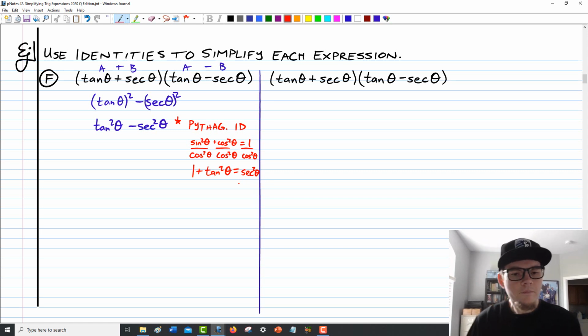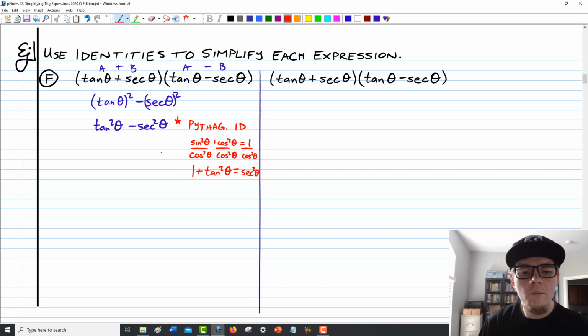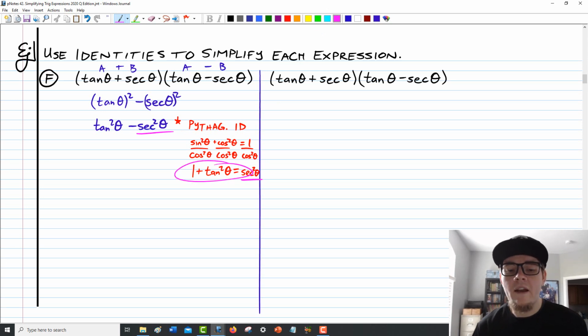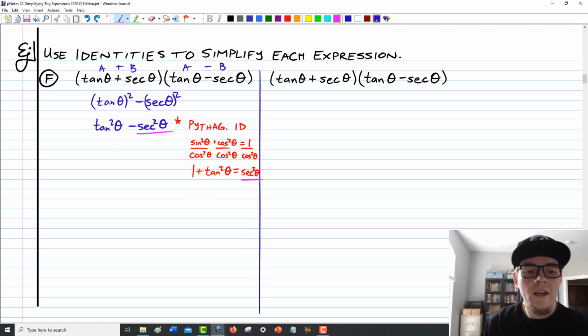So in other words, you could just know right off the bat that 1 plus tangent squared is equal to secant squared. Now at this point, as I look at this expression, I've got a couple different ways to go, but what I notice is that I've already got secant squared of theta isolated in this statement of the Pythagorean identity. So I'm going to take advantage of it. My expression that reads tangent squared of theta minus secant squared can be rewritten instead as tangent squared minus, and it says 1 plus tangent squared of theta.